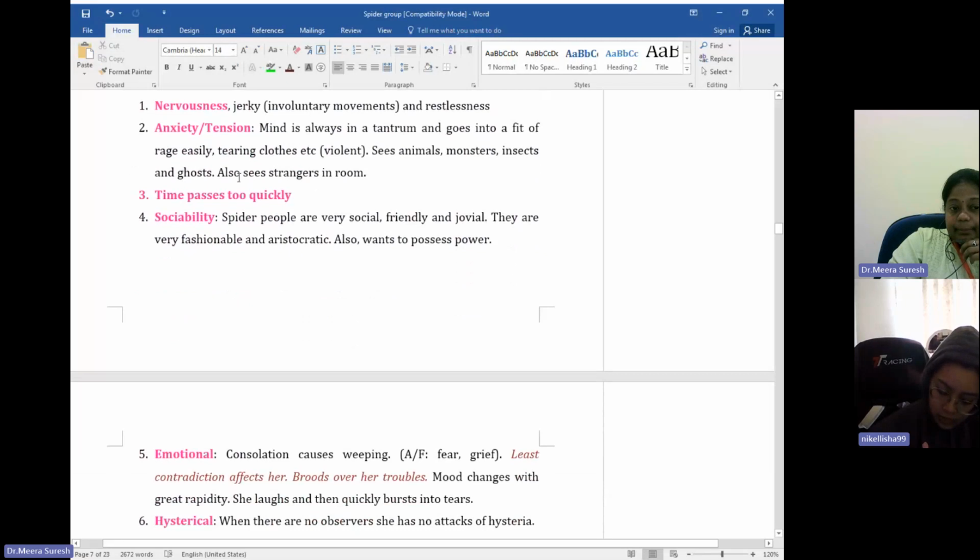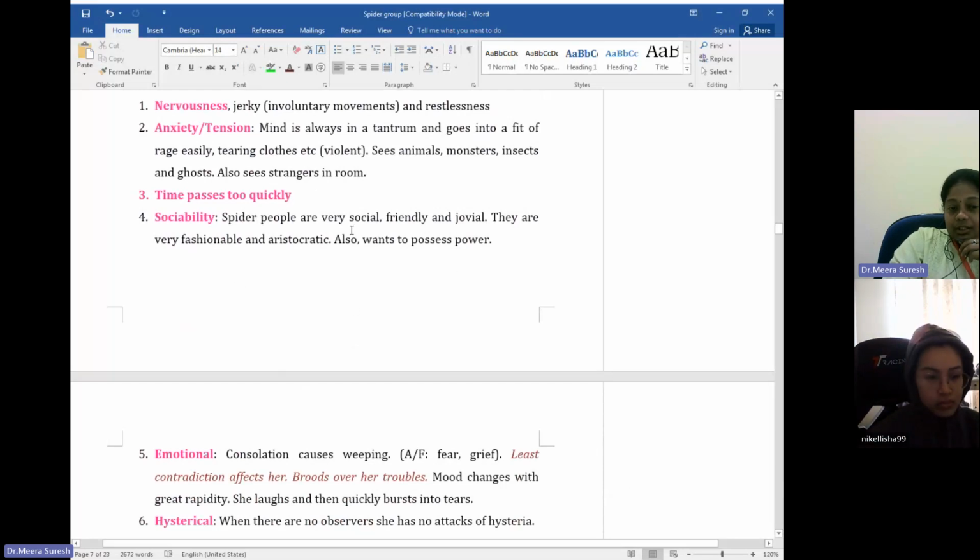Then another feature is time passes too quickly. Then sociability, because these spider people usually will be very social, friendly, and jovial. They're very fashionable, aristocratic, and why they do this is they want to possess power. So they want to influence people, show them that they are very high-fi, and hence they try to become very sociable in nature.